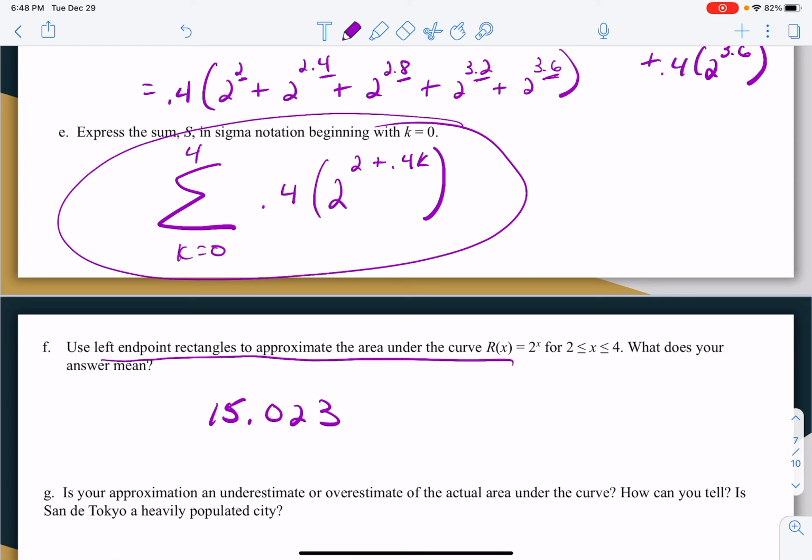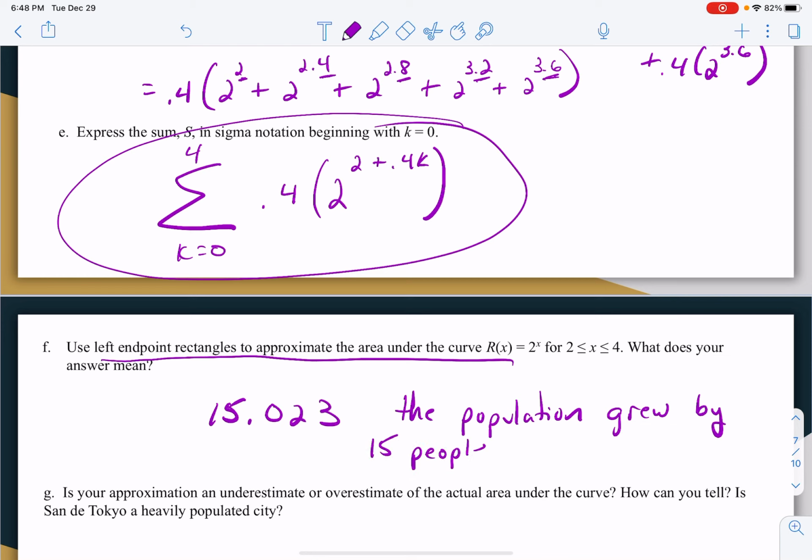And since we're modeling population growth, that's telling me the population grew by 15 people in the last 2 years.